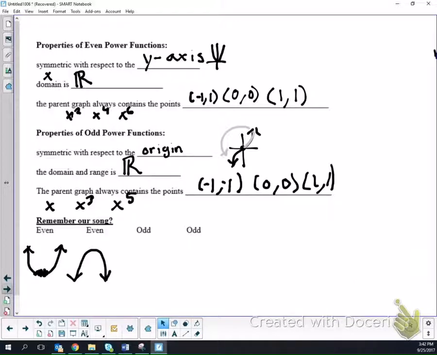Our odd functions, let's do that a little bit better. Our odd functions are going to have this. We started out low at negative infinity. As we moved forward, we then increased to positive infinity, or the exact opposite. And once again, there could be some up and down right there in the middle, depending on how complex that odd function is.